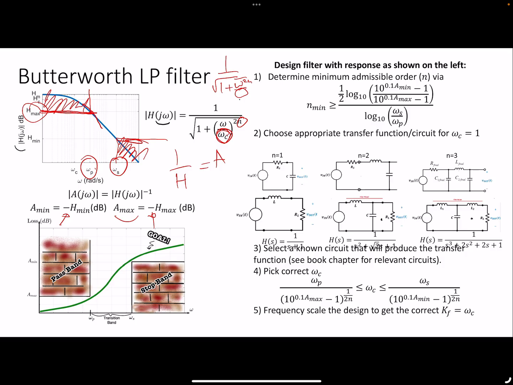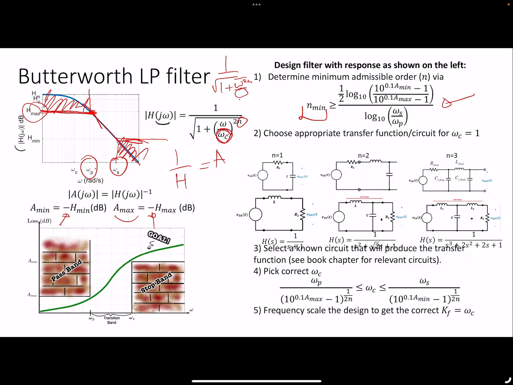We derived 2 formulas. One was to find the minimum order. Of course, if order 2 works, order 3 will also work, because that's just going to make it better. Order 4 will also work, because it's just going to make things better. So this formula gives you the minimum order you need to have a steep enough slope to make the transition from the pass band to the stop band.